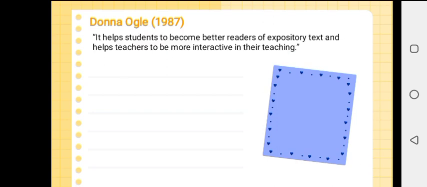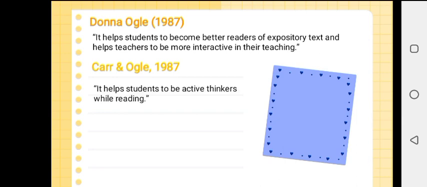To discuss further, we have here people who believe and asserted how the KWL chart can help students. According to Donna Ogle in 1987, it helps students become better readers of expository text and helps teachers to be more interactive in their teaching. Also, Carr and Ogle in 1987, it helps students to be active thinkers while reading by giving them specific things to look for and having them reflect on their learning after reading.